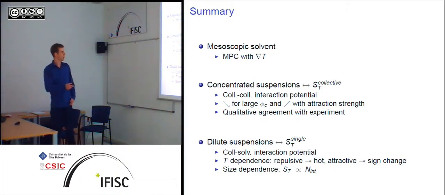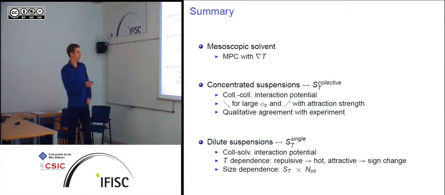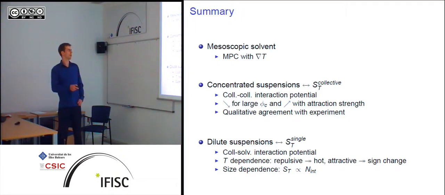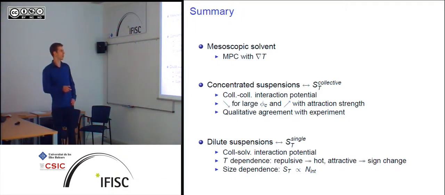And first we have studied concentrated suspensions, where we study the collective Fourier coefficient, and we have observed for different interaction potentials that the Fourier coefficient decreases by increasing the volume fraction, and that it increases for stronger attractions. And we find that we have a qualitative agreement with the experiment.